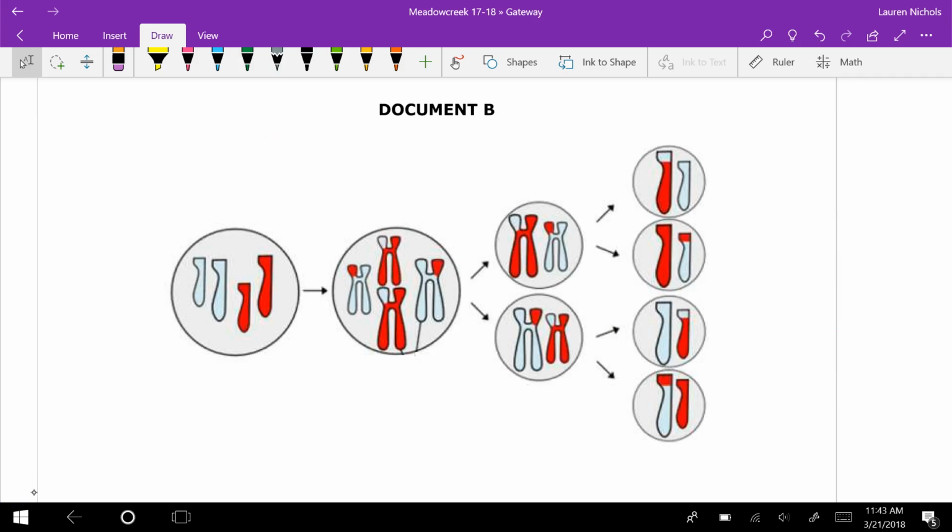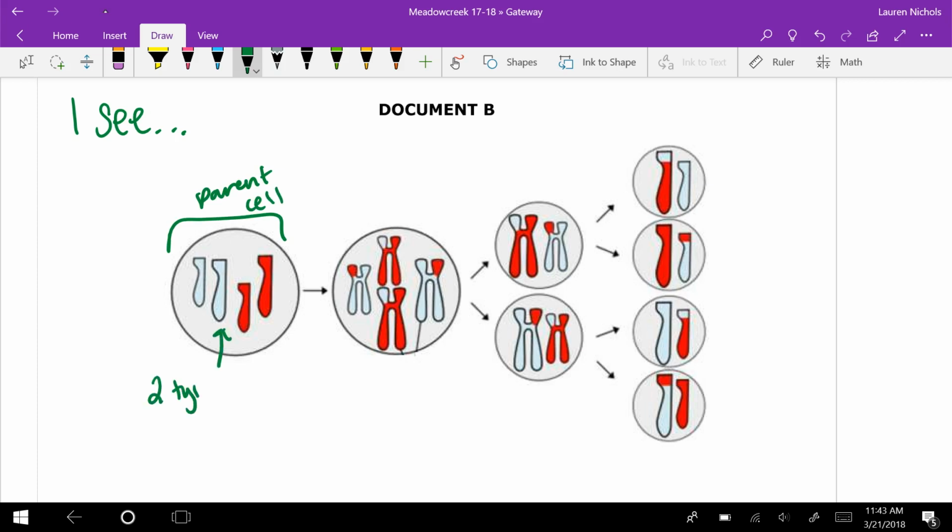Document B is similar to document A. We see chromosomes and cells and things like that, but we also see some differences. So let's talk about, I see what? I see a parent cell. I see 2 types of chromosomes.